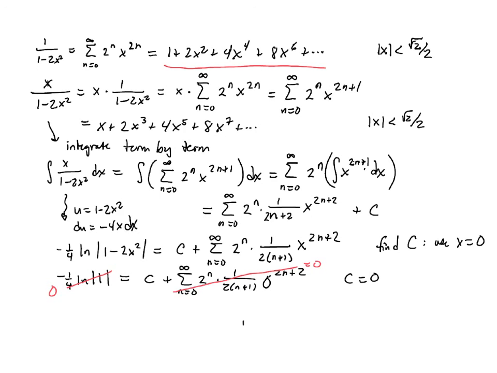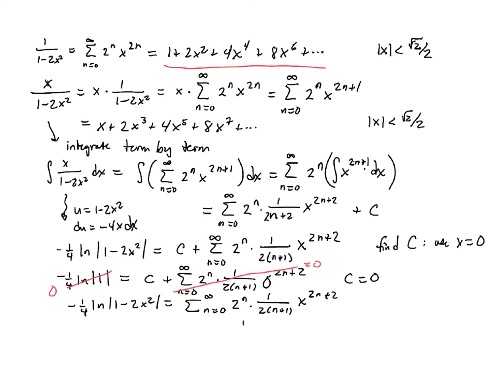c equals 0, and so we can rewrite this by saying that negative 1/4 ln absolute value of 1 minus 2x squared is equal to the summation n equals 0 to infinity 2 to the n times 1 over 2 times n plus 1 x to the 2n plus 2.